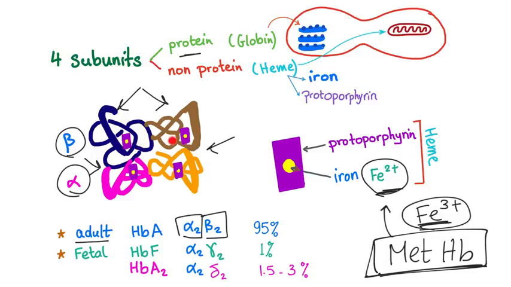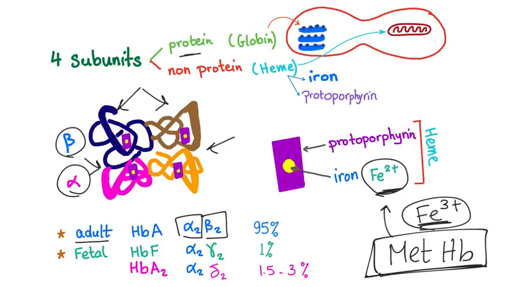Okay, 4 of them. Okay, in adults, hemoglobin has different types. 95% is called adult hemoglobin or hemoglobin A. A for adult. Consists of alpha 2, beta 2, means 2 alpha subunits and 2 beta subunits. The normal fetal hemoglobin is called hemoglobin F, 2 alpha subunits and 2 gamma subunits.